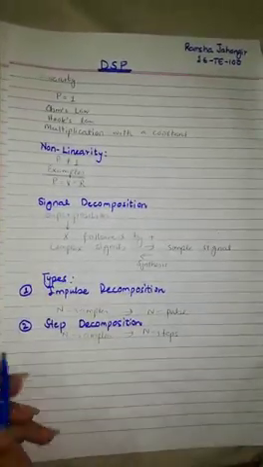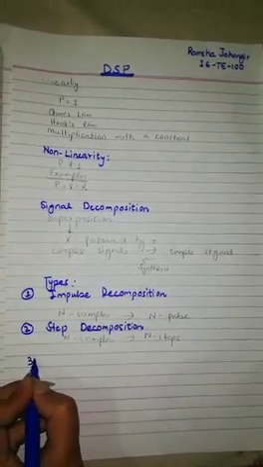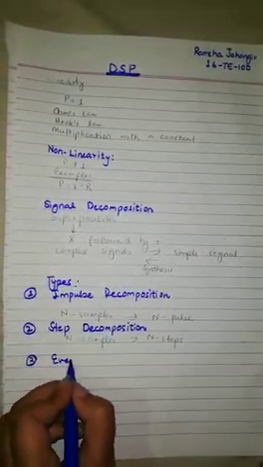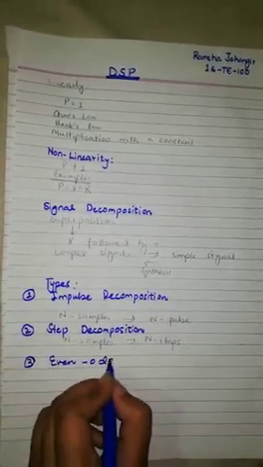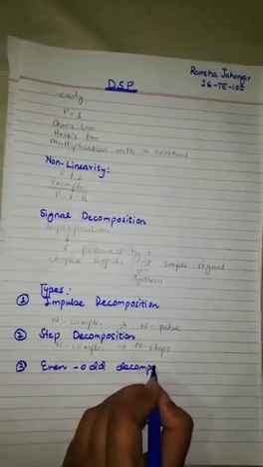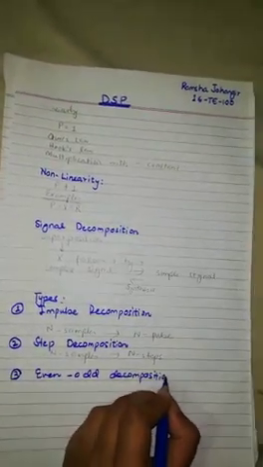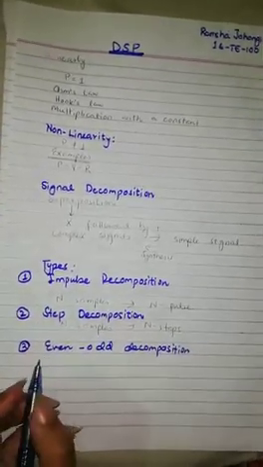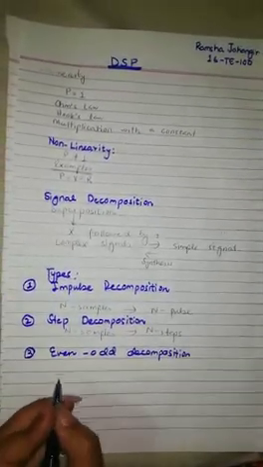Now the third type of signal decomposition is even odd decomposition. In even odd decomposition, as the name indicates, we divide the signal into even and odd parts.